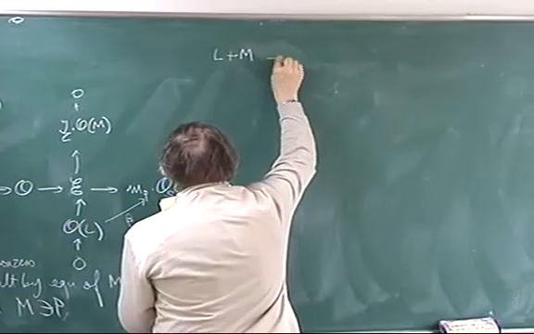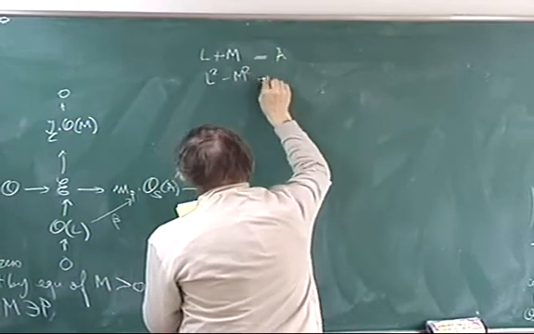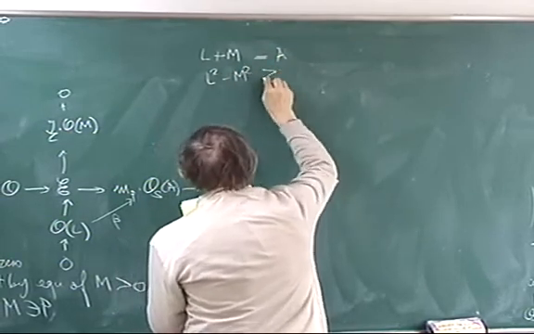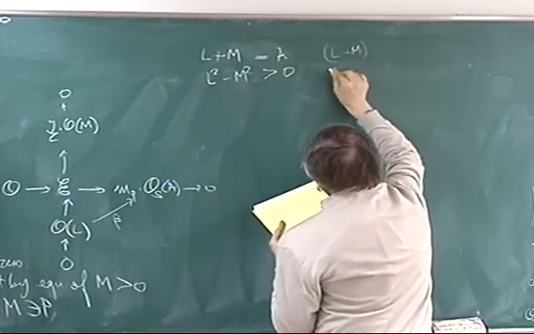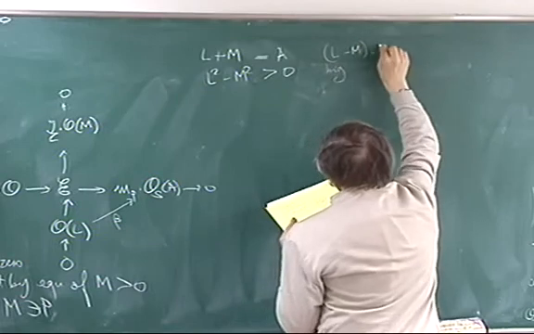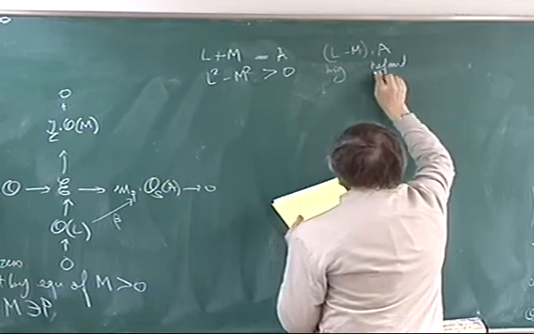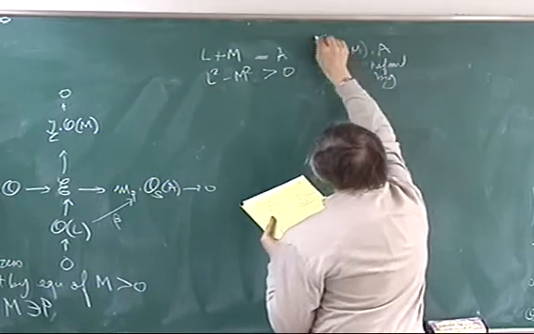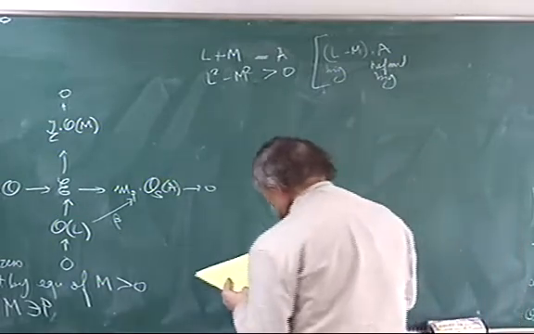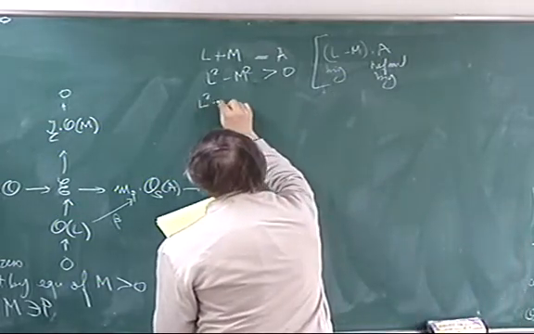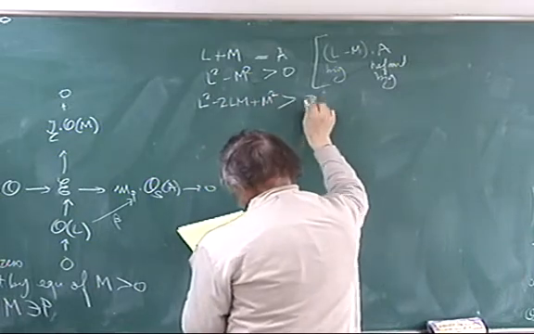L squared minus M squared is greater than 0. Right, this is L minus M, which is supposed to be big, times A, which is supposed to be big. And then L squared minus 2LM plus M squared is also greater than 0.